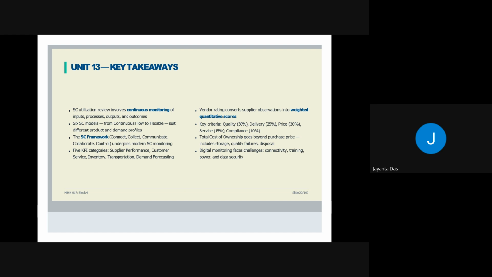The 5 C framework is connect, collect, communicate, collaborate, and control, and it underpins modern supply chain monitoring. The 5 KPI categories are supplier performance, customer service, inventory, transportation, and demand forecasting.